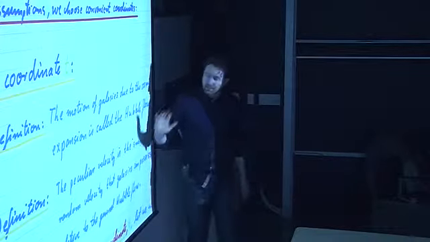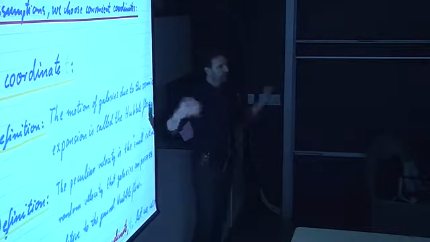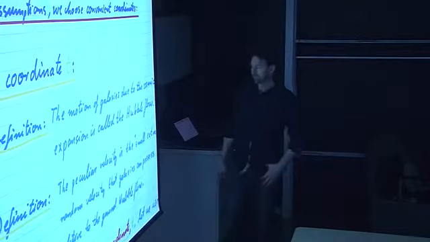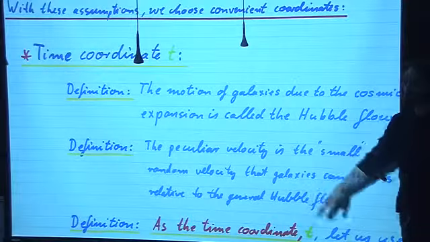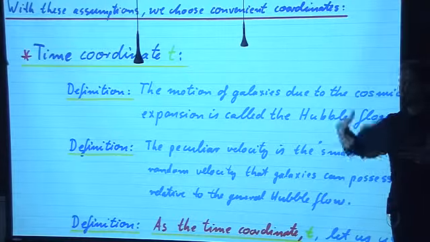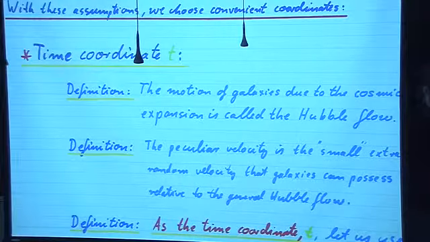And that kind of motion is called peculiar motion. So galaxies have on top of the Hubble flow also a peculiar flow, with a peculiar velocity. And these velocities are generally very small compared to the velocities that you get between galaxies that are far away from one another.